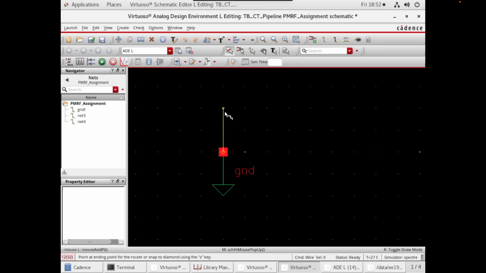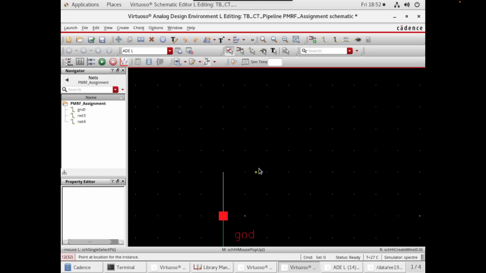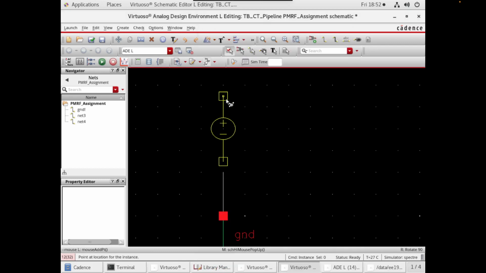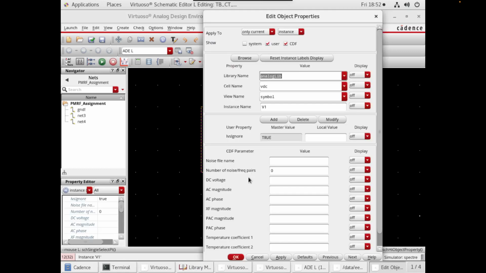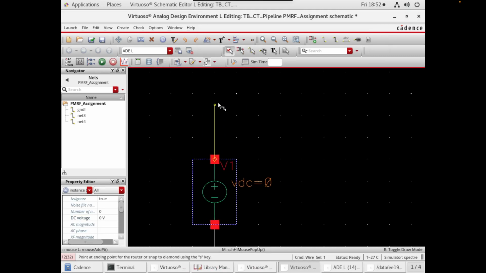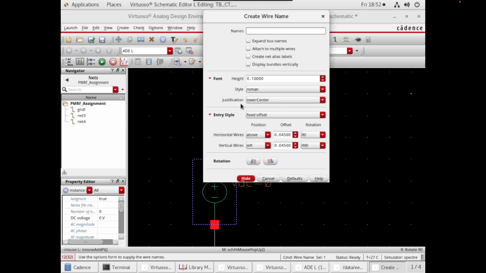I will have a ground voltage, then a DC voltage with zero voltage, and this will behave as a ground.